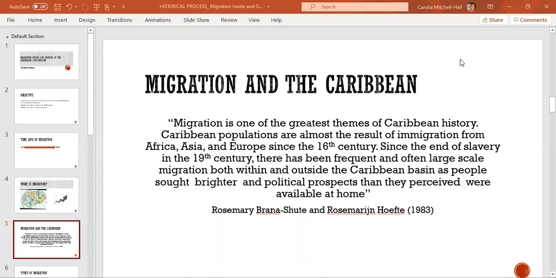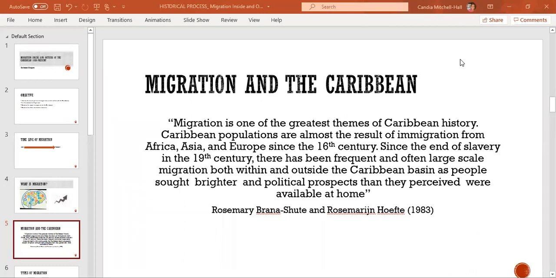All right, so these historians argue, our migration scholars argue that migration is one of the greatest themes of Caribbean history. The entire story about the Caribbean is a story of migration. People came into the Caribbean and we now going elsewhere.